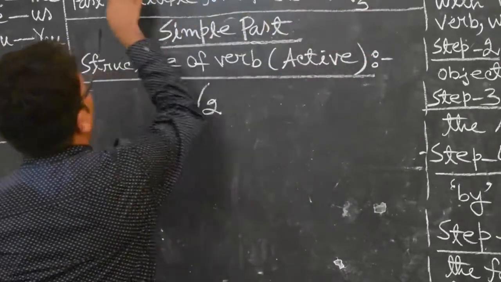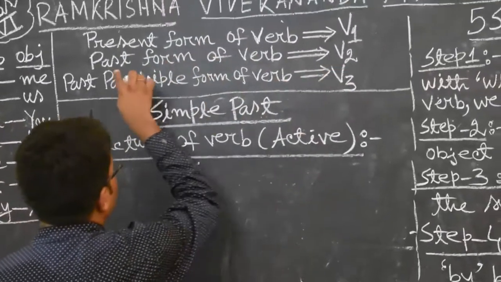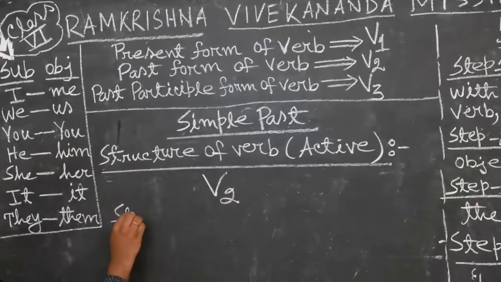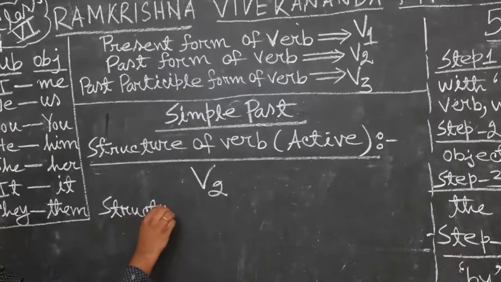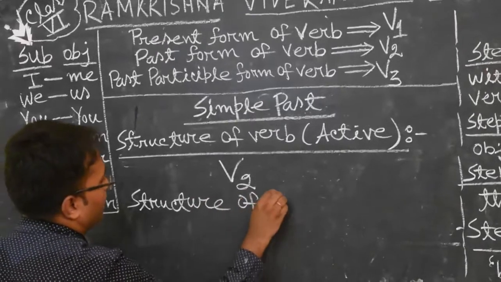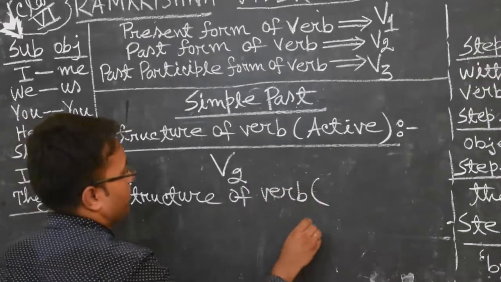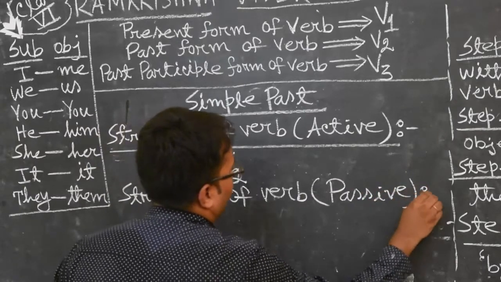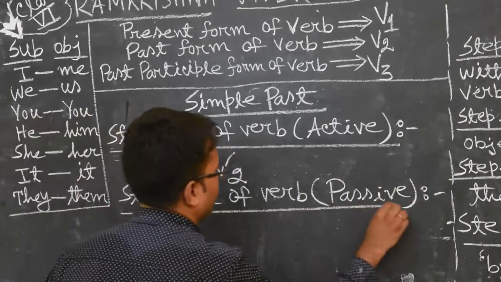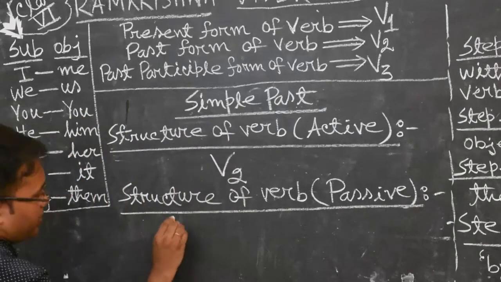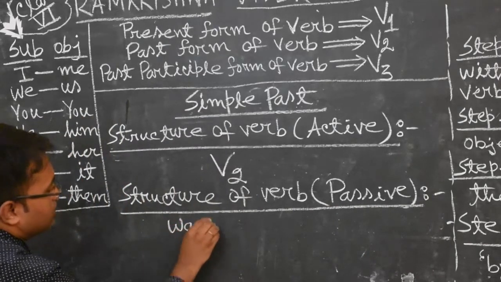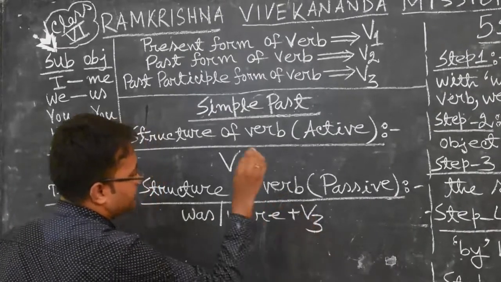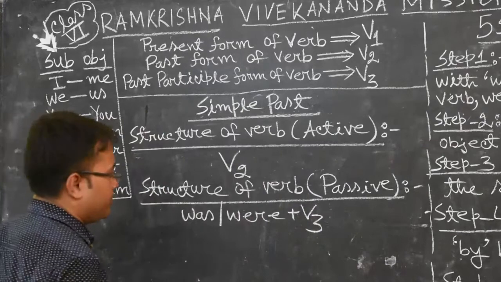V2 means past form of verb. Structure of verb in passive: was or were plus past participle form of verb or V3.